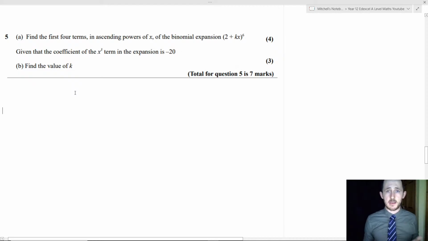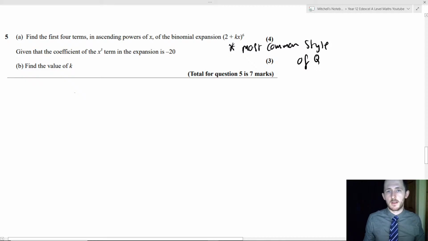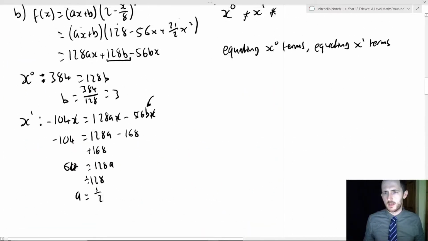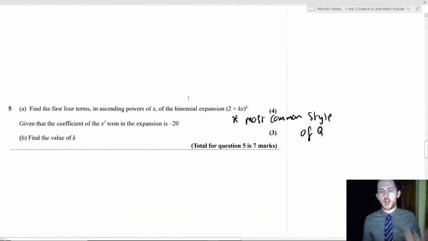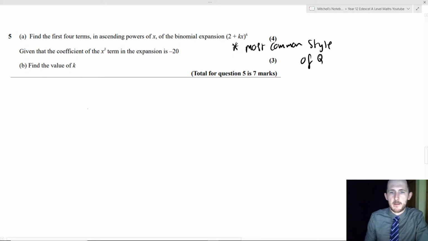If you look through any past papers, this is the most common style of question. Like we did before where we had A and B, I believe it was, that's also extremely common as well. So there's an unknown variable. It's the most likely one to come up.